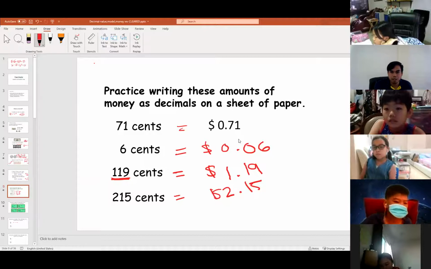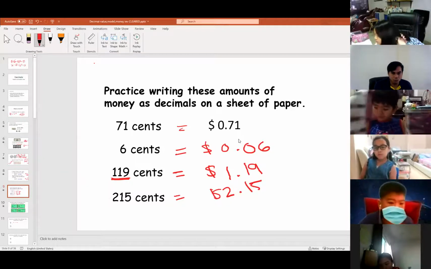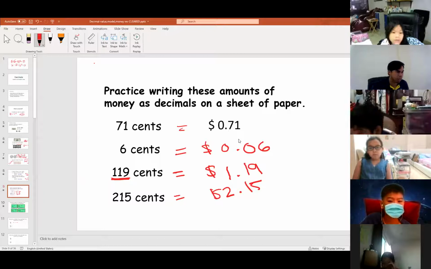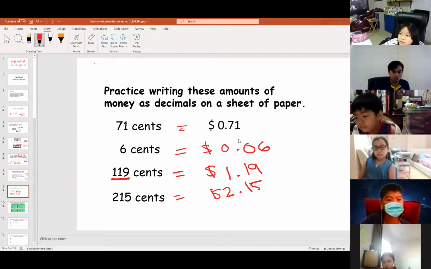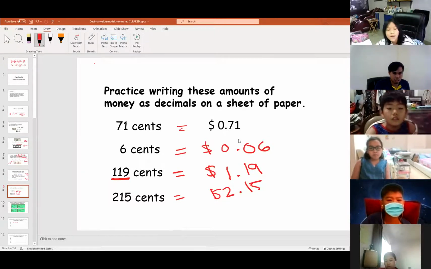For this one, 215 cents, how many hundreds are in the 215 cents? Two already, right? So that's $2 point. So where does the 15 cents go?